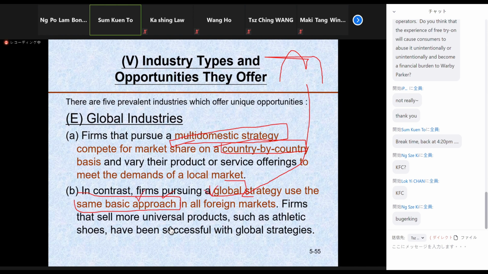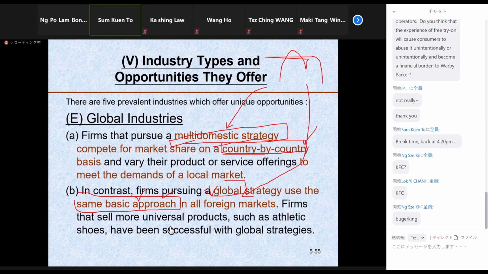However, if I am quite caring, I go for the multi-domestic, which is country by country. I have a standard menu about pork, fish, beef. But in some country, 回教國家唔食豬, then in my menu, I will take away the sausage McMuffin, 咪唔賣豬柳蛋漢堡咯.